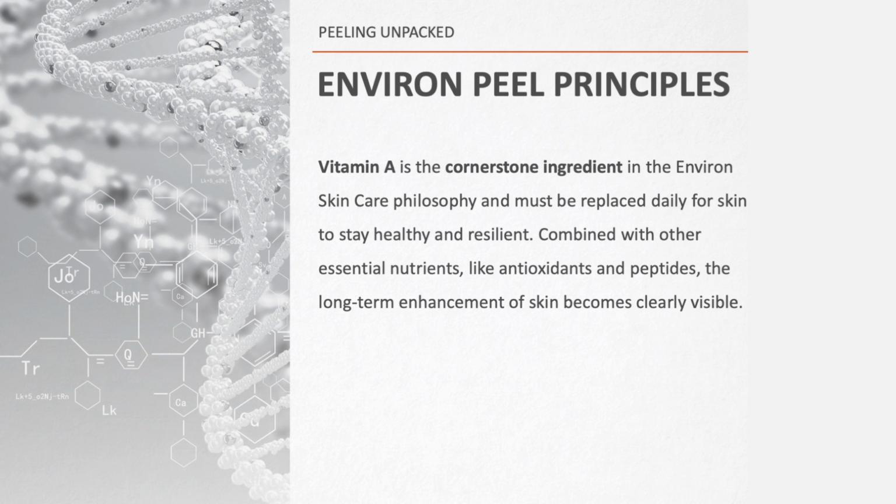And we combine the vitamin A with other phenomenal ingredients, such as our antioxidants, to protect from free radicals and environmental aggressors, and of course, our peptides. So our peptides become the messengers to the skin. They are those targeted solutions that go in and address what the client concern is. So the peptides may address wrinkles. They may address loss of tone or elasticity.